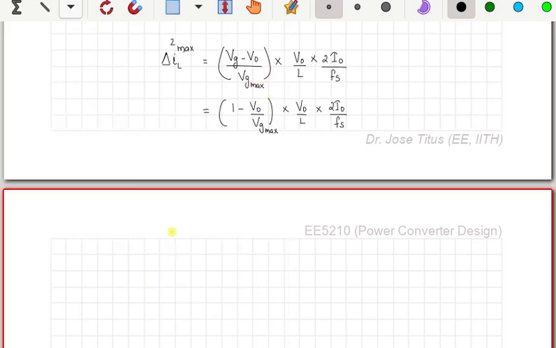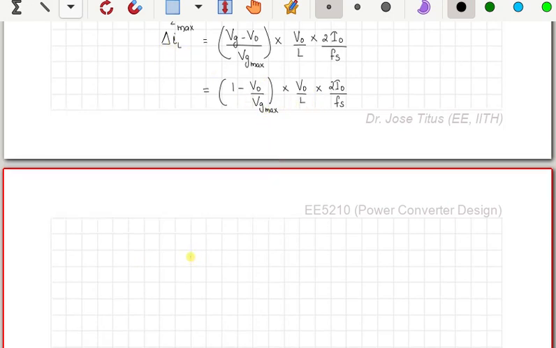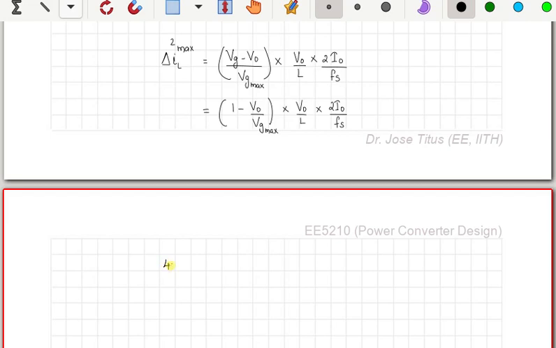Now I can substitute for delta IL and all other quantities to calculate L. So delta IL max squared is 400, the square of 20, equal to (340, the maximum value of Vg, minus 108) divided by 340 times 108 by L into 2I0, which is 12, divided by Fs, which is 25,000 Hertz.